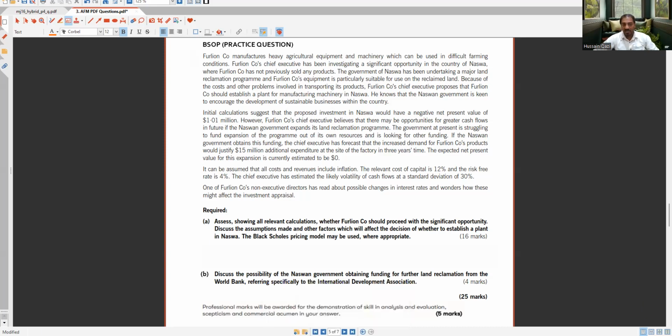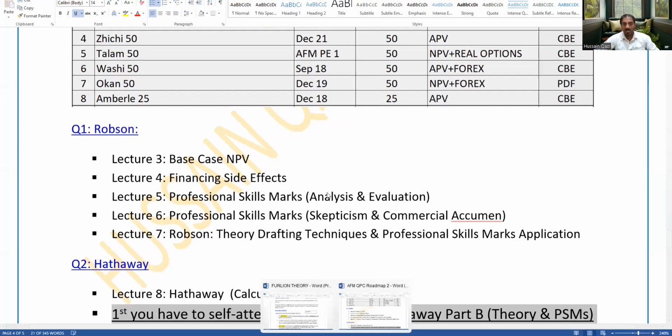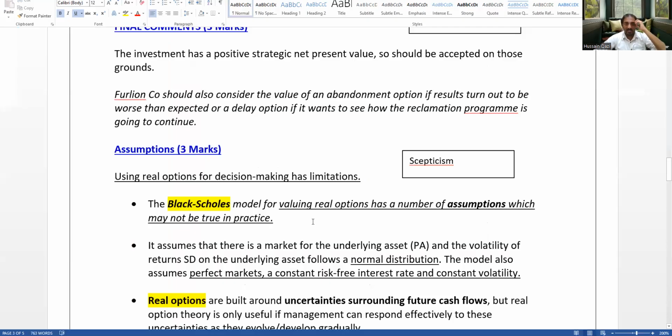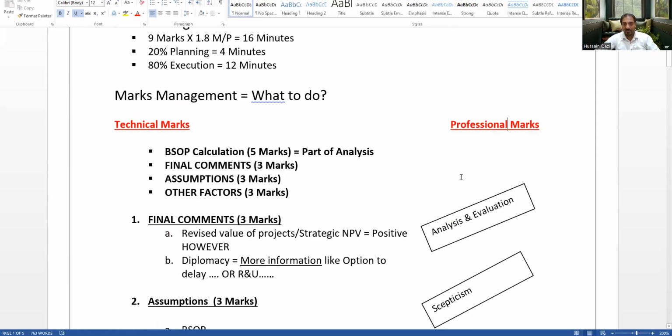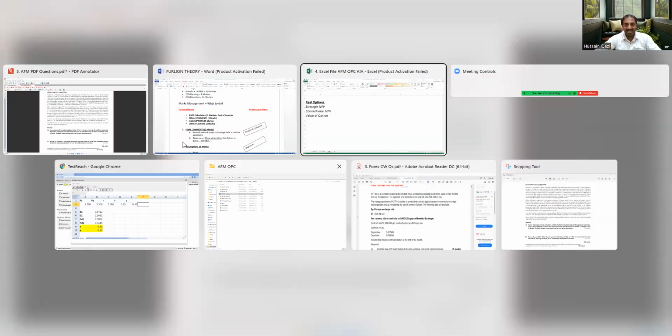Don't worry, this is part of the session. This one is the theoretical part: how to incorporate the professional skill marks with the BSOP. It is my responsibility to handle the thing accordingly.